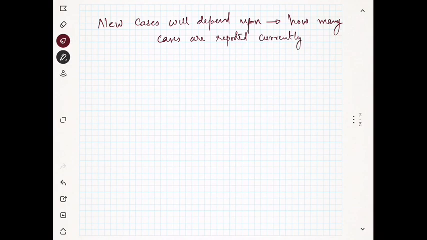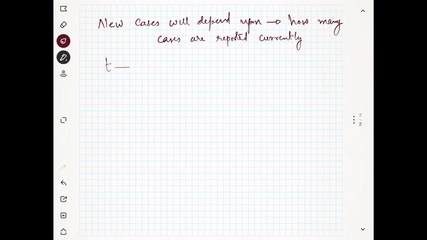If the number of cases in the current situation is less, then the spreading also will be less, and if the people are moving, then the spreading will be large, right?